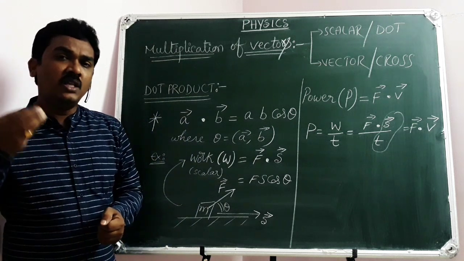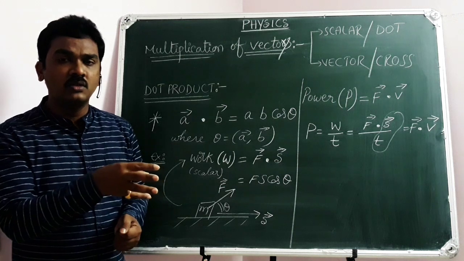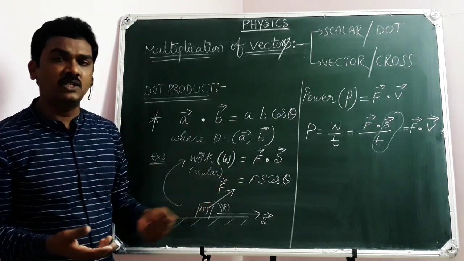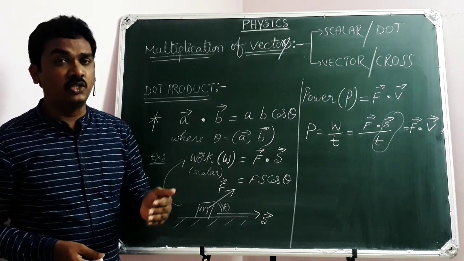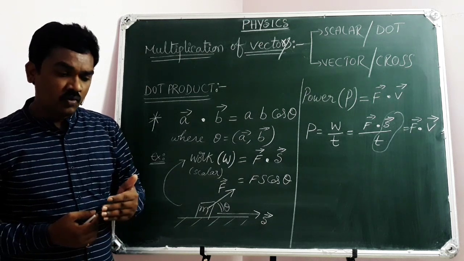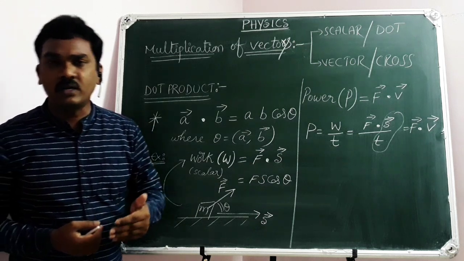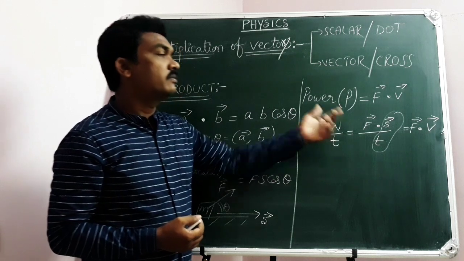I told you, when there is some displacement produced in the body by applying some force, then we say work is done. Of course, we discuss in detail in a separate chapter like work and energy. But the ability to do work is called energy. Later, whether you are doing work faster or slower, means comparing your work done with respect to time, it is called power.